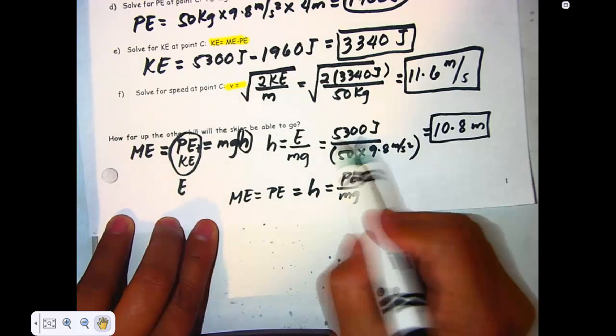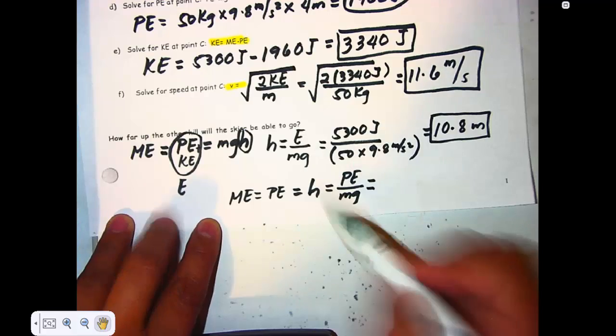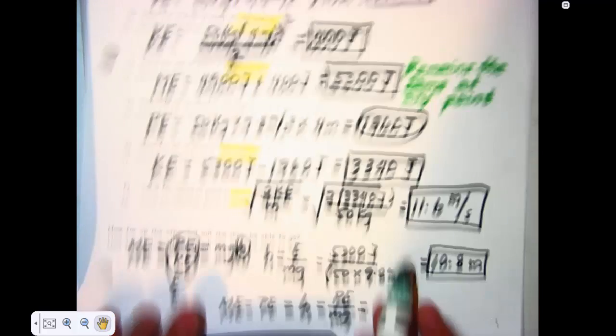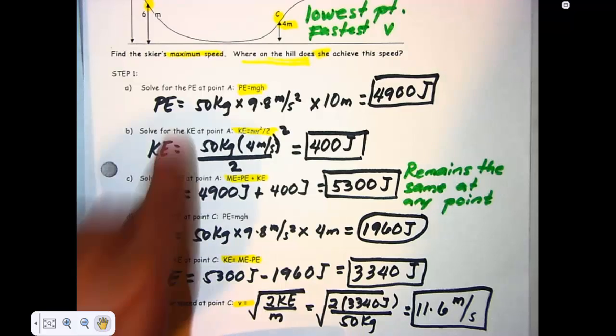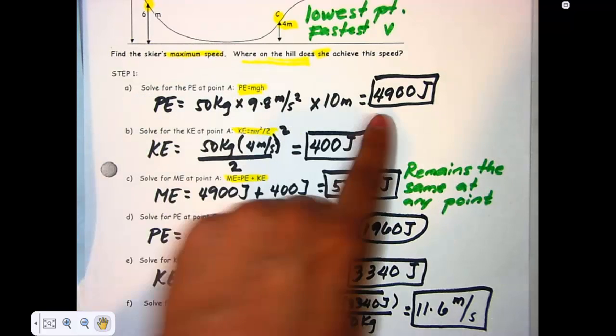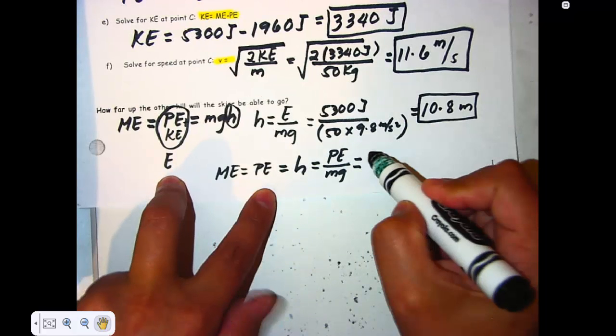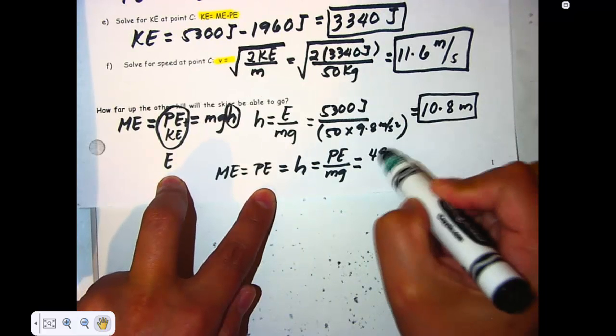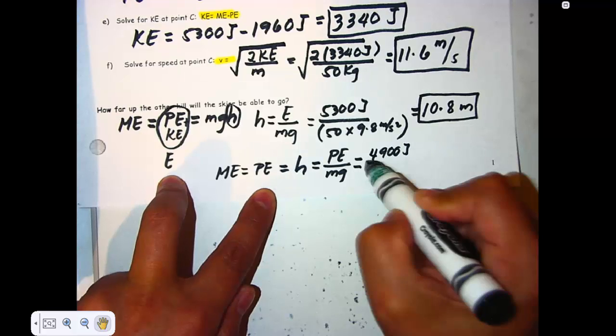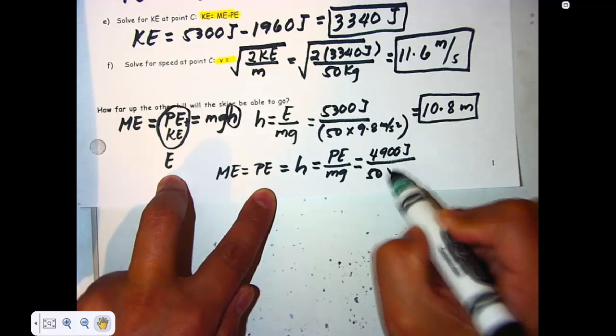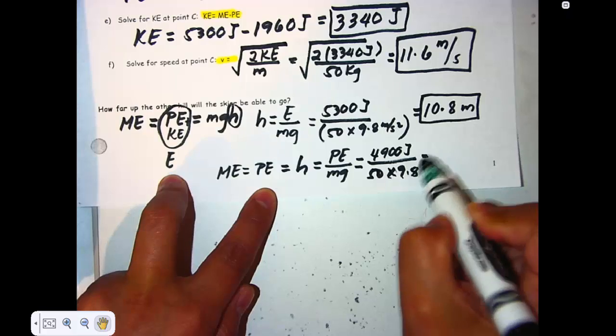It's no longer 5,300 as your energy, but only the potential energy. So when we go up, your potential energy is only 4,900. With that, you can write 4,900 divided by 50 times 9.8.